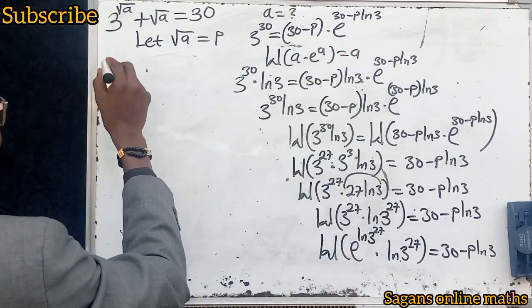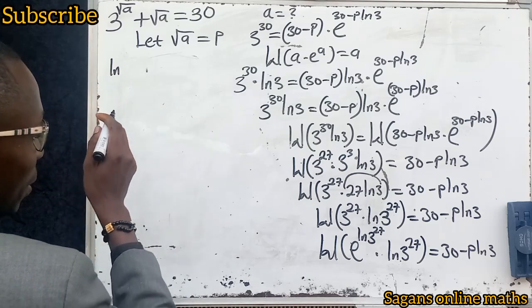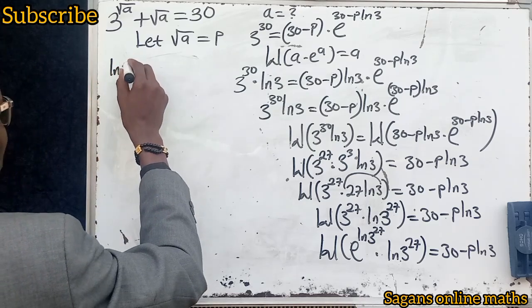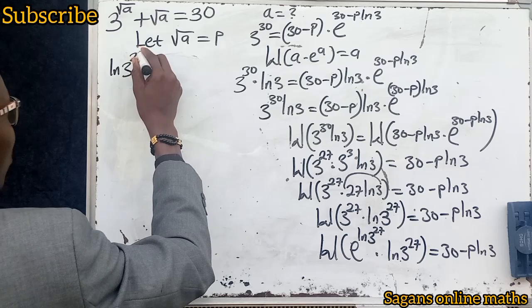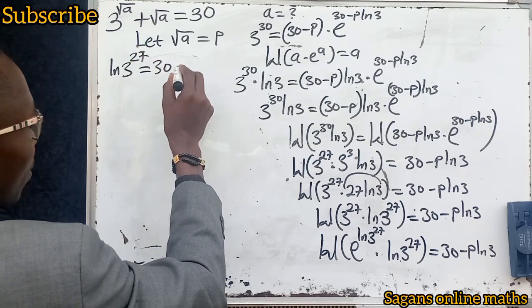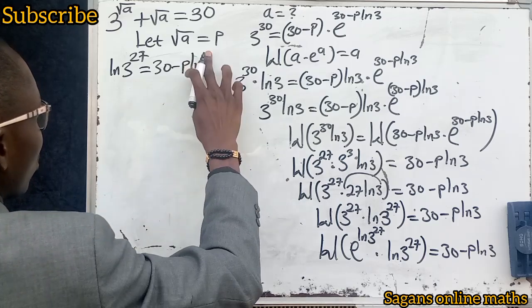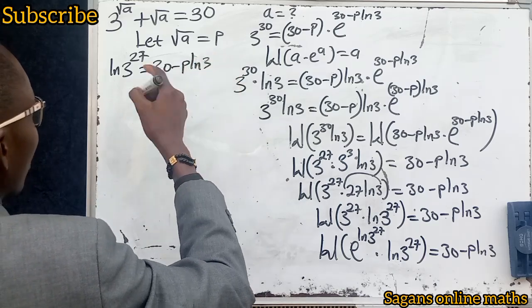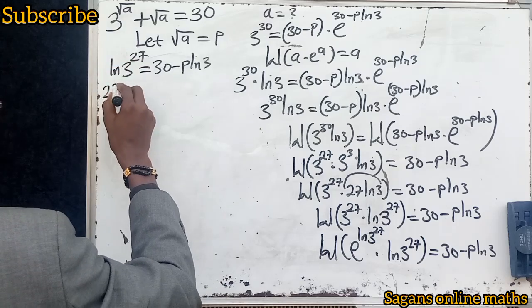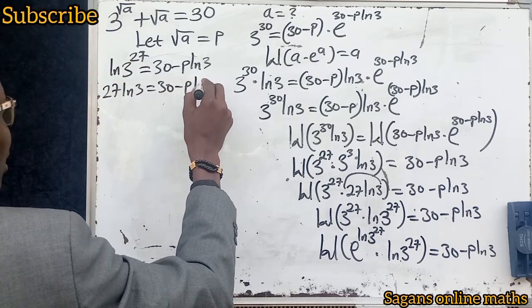So this will become ln 3 to the power of 27 equals (30 minus p) ln 3. Now this can also go back as 27 ln 3 equals (30 minus p) ln 3.